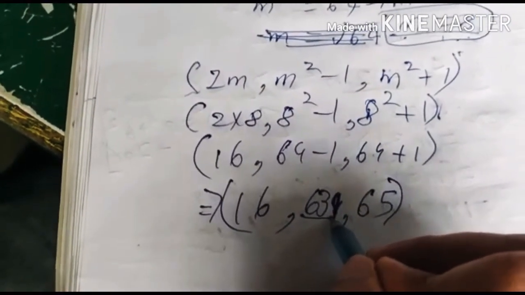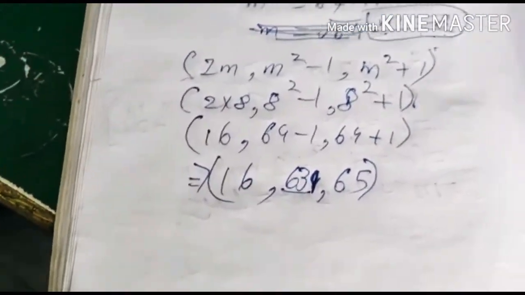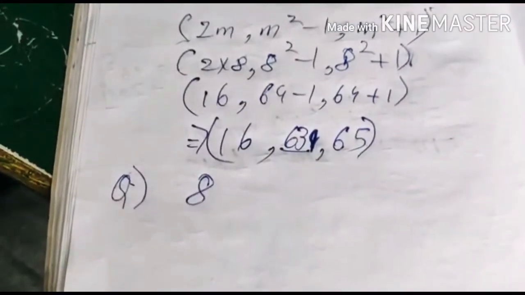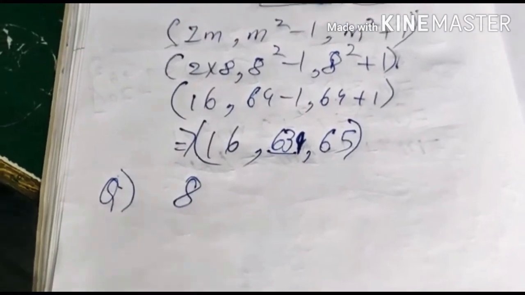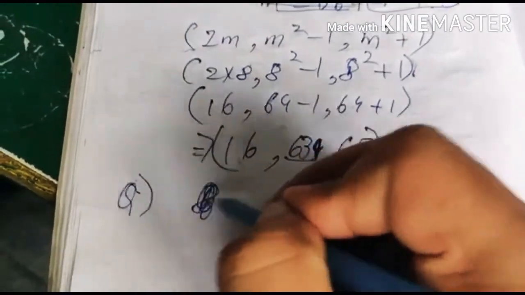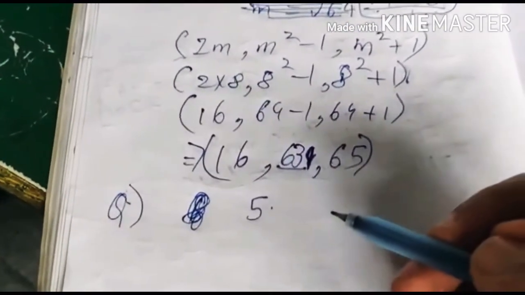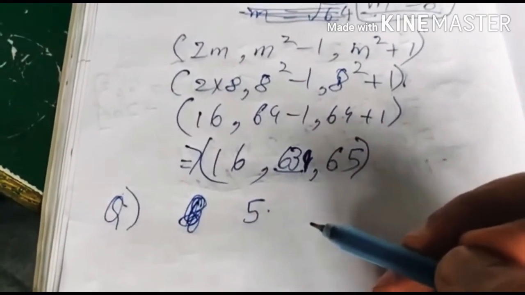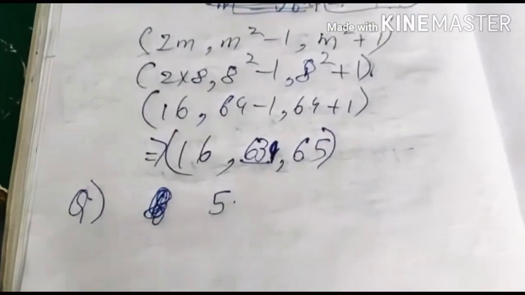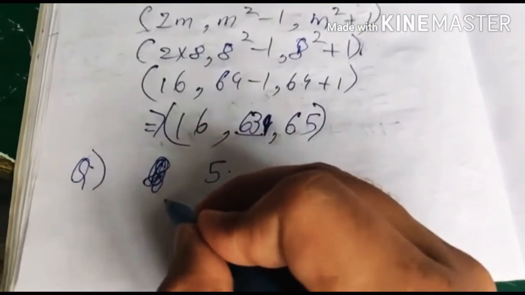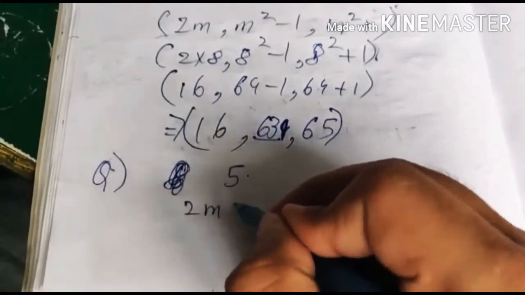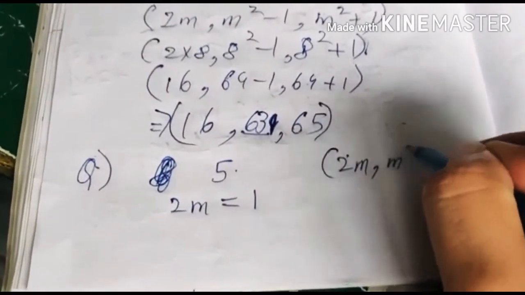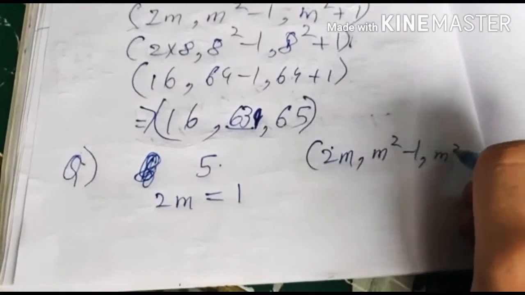Taking one more example, if it is given that one of the numbers is 5. We don't know which place it will be, so we will proceed. The actual set was 2m, m square minus 1 and m square plus 1.